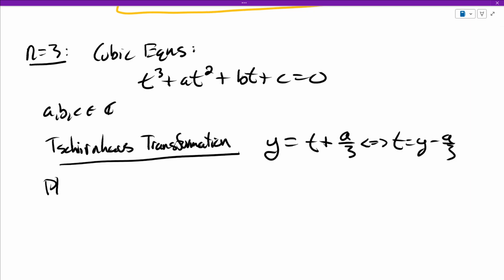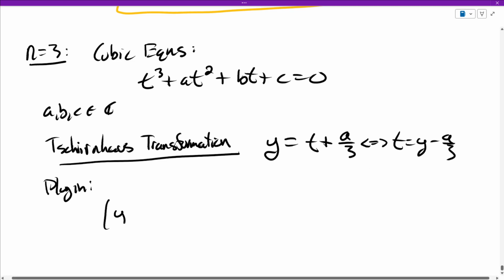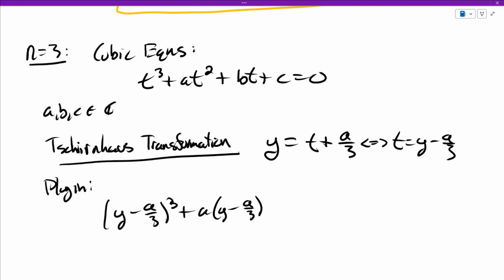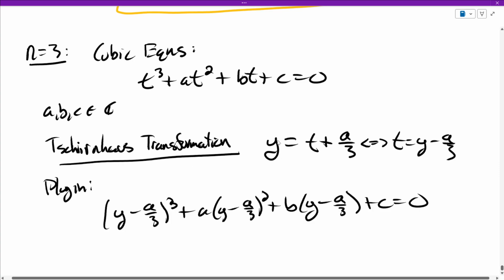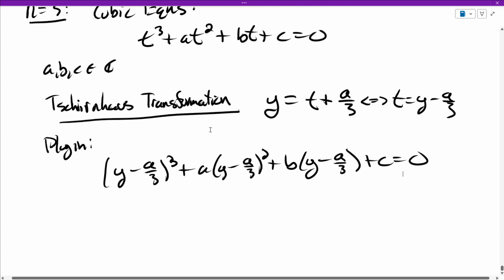So if you plug in that t is y minus a over 3 into here, this is sort of a computation you normally do in the privacy of your own closet because it's complicated, but nevertheless we're going to multiply all this out and see what we get.